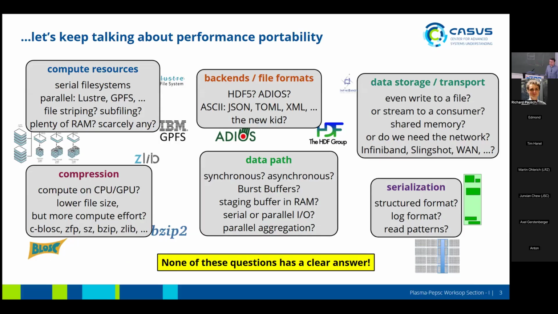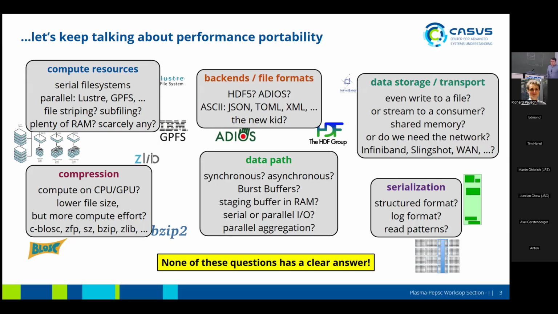You might want to write files to parallel file systems on HPC systems. Those parallel file systems have special things that you need to take care of, such as file striping or maybe subfiling. Now, some systems may have really lots of memory per host, some have rather scarce memory.